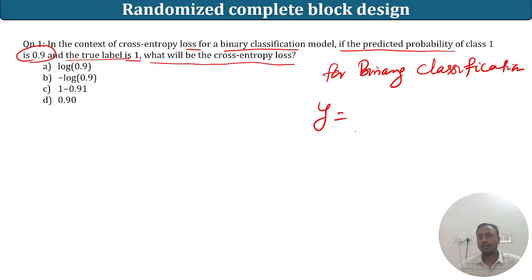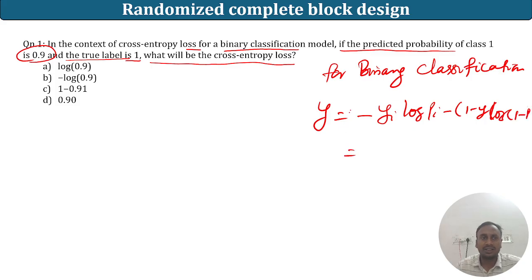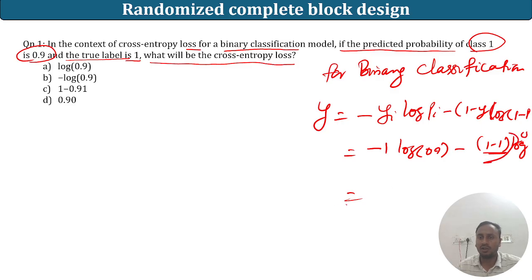It is minus of yi log of pi plus (1 minus yi) log of 1 minus pi. So they are saying it's for class 1, probability 0.9, then the true label is 1. 1 minus 1 times log of something, so 1 minus 1 will become 0. So it will become log of 0.9. So the answer will be B. Is it?